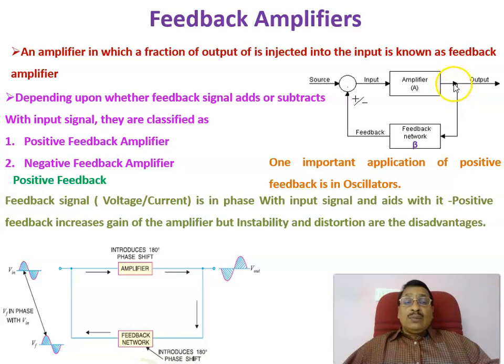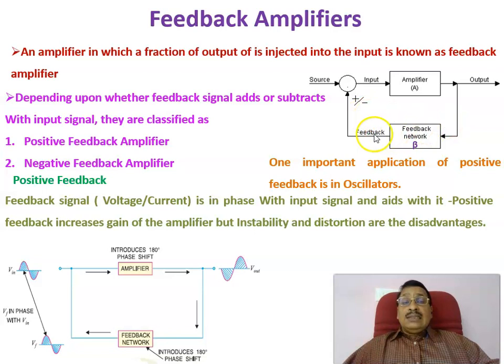A fraction of this output is fed back to the input through a feedback network having a feedback gain of beta, and this feedback output is either added to or subtracted from the input, and the resulting signal after summation or subtraction is available at the input of the amplifier. Therefore, this is a general block diagram of a feedback network.